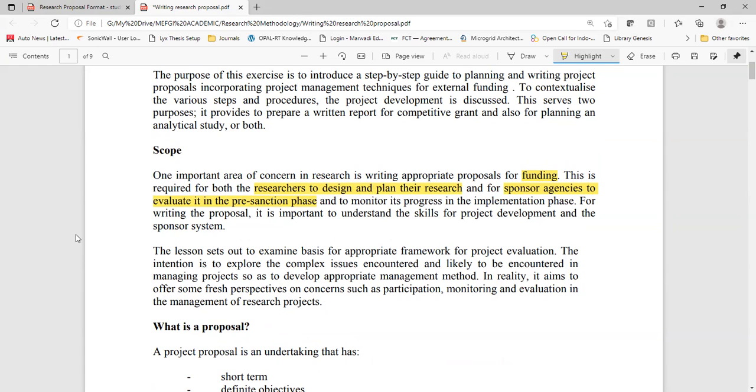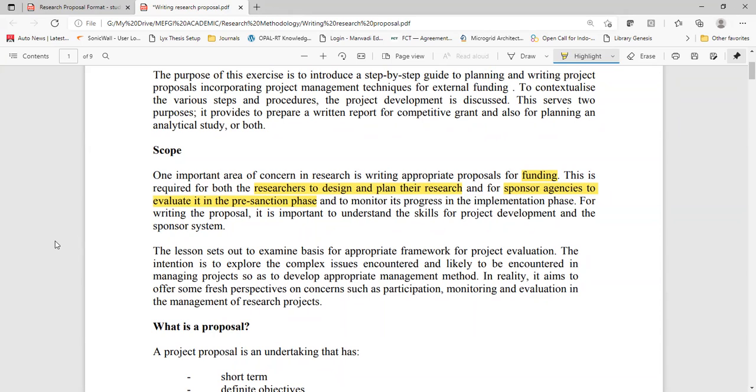I will talk about some of the sponsor agencies. For example, the Department of Science and Technology in India is one of the sponsor agencies to whom you can write a project.